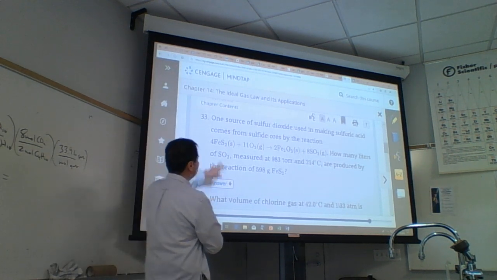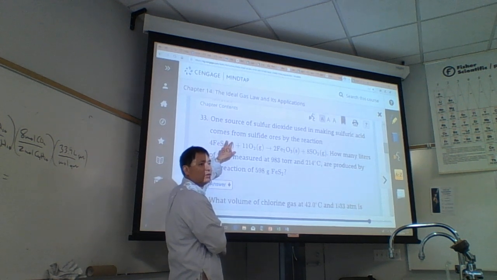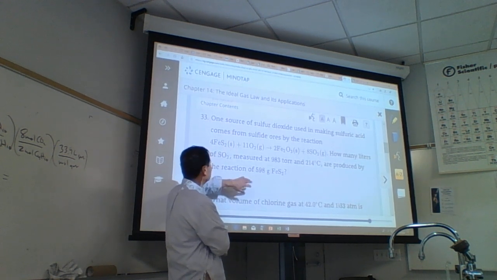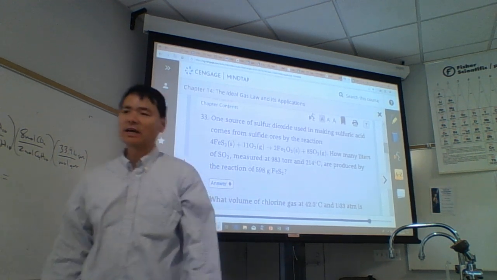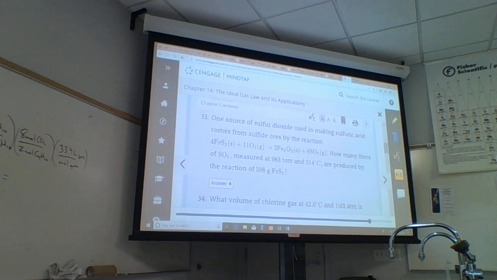And so the iron should be +4, right? Each sulfide is -2. But this is not sulfide. There's another sulfide ion called disulfide. It looks like peroxide. And it's like this.